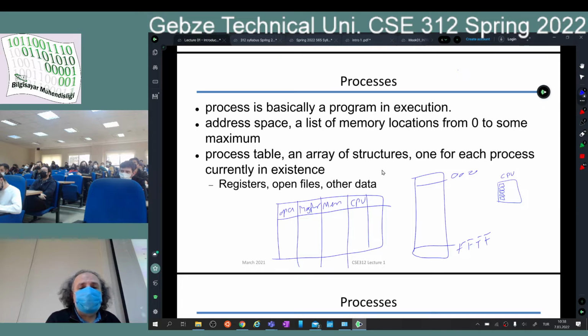When I start execution again, I load them from this table. That's why we say that we keep registers in our process table. I don't always keep my registers while my program is being executed, but if I don't have the CPU, of course I keep my registers inside this table.